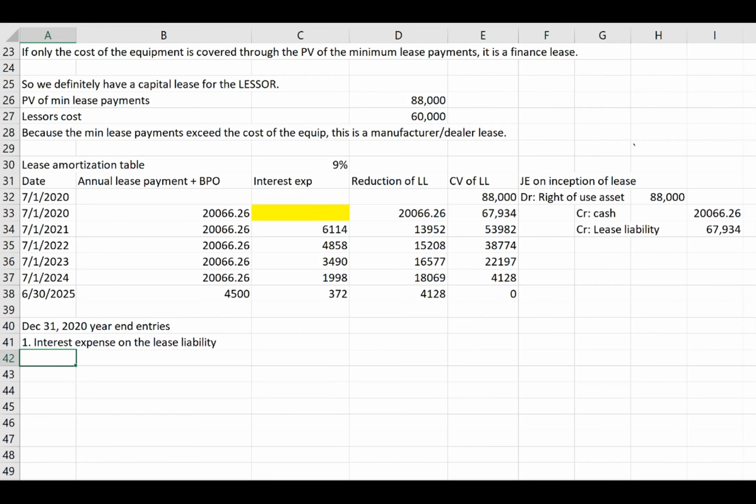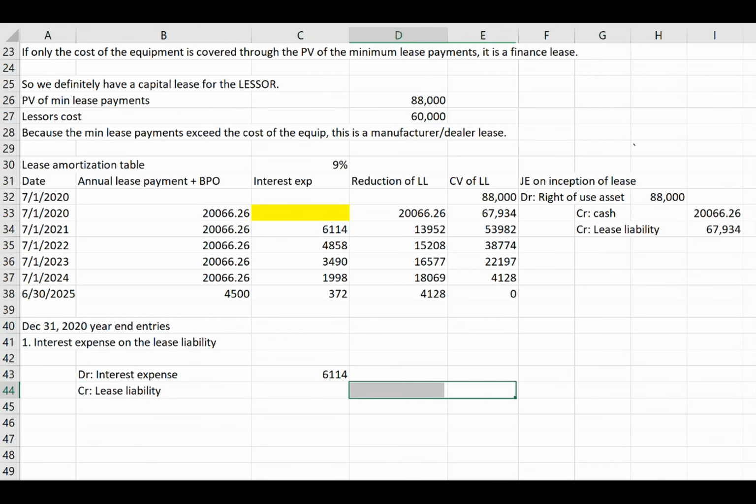So normally we would say, okay, so we're going to have debit interest expense, credit lease liability, and we're going to take this amount right from our schedule. Normally we would take the amount straight from our schedule here. And that would be the amount.